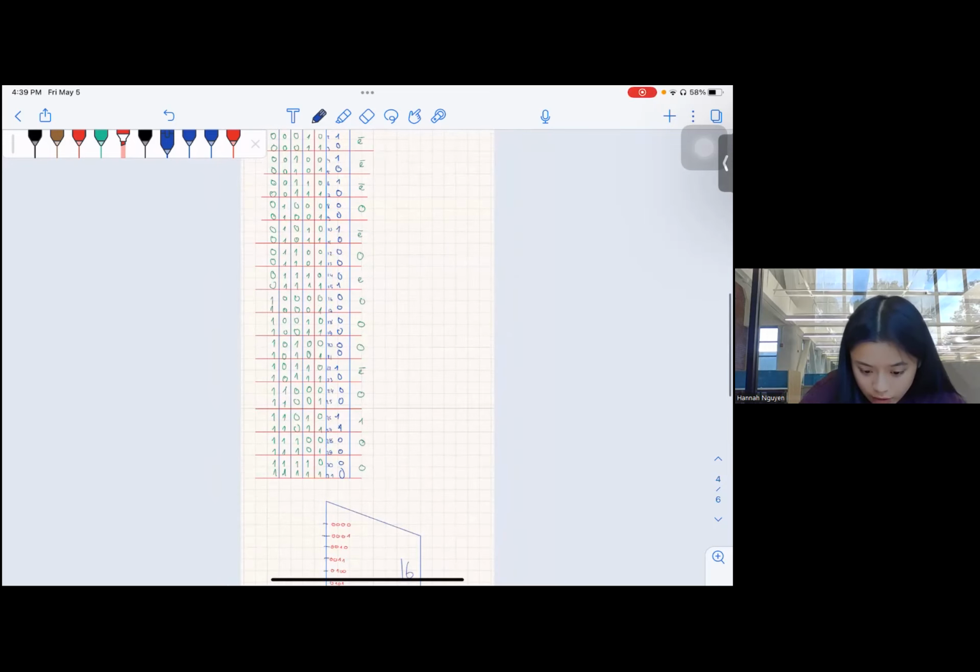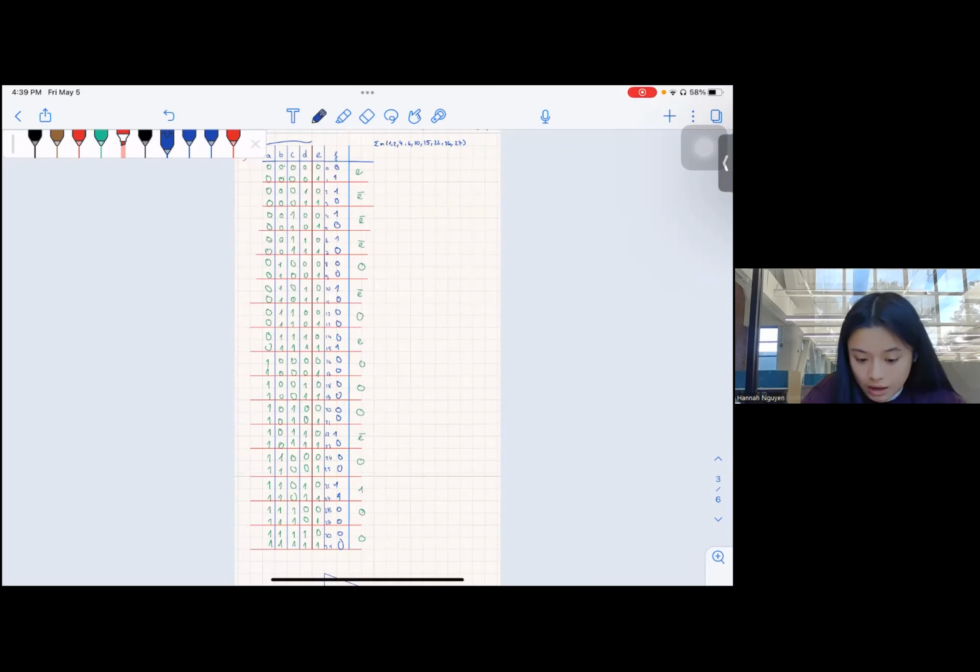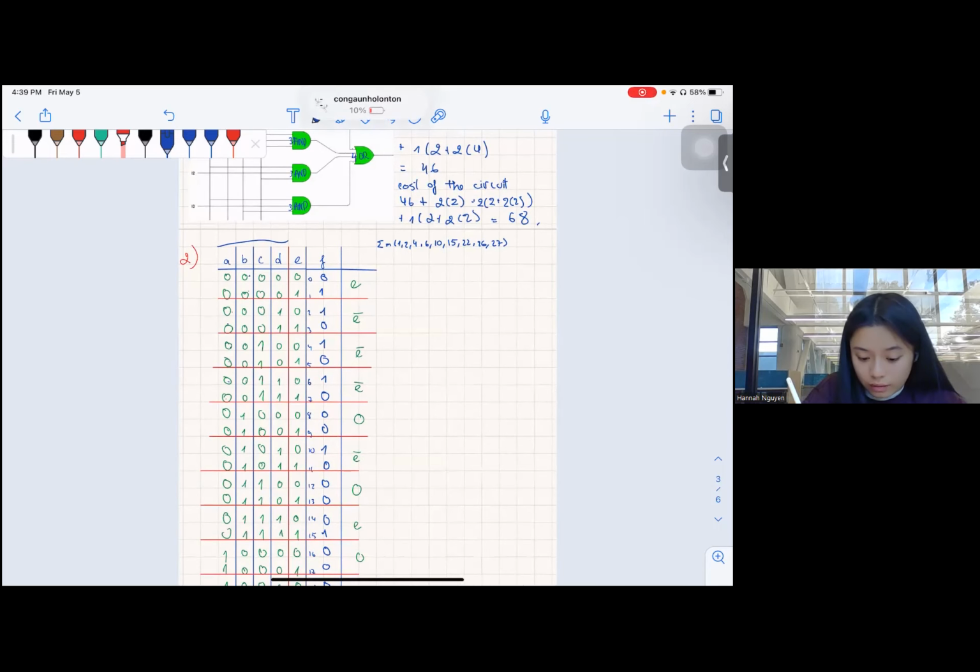So we have 16 different groups of A, B, C, and D. Now we have to find a function f in terms of E. By looking at this, we can see f depends on E. So here I get E, but here the output is equal to the negate of E. This is gonna be the same thing, and this is also negate of E. And for this one, the function f is equal to 0 for every input of E.